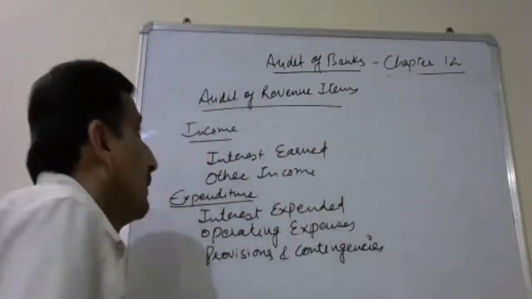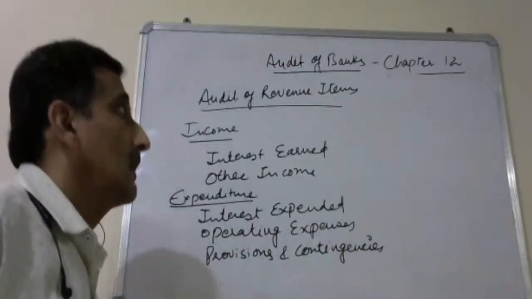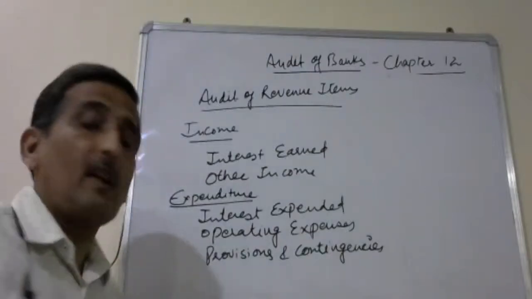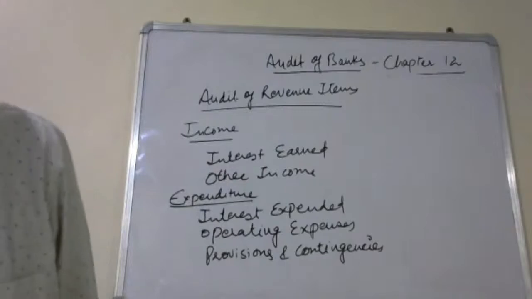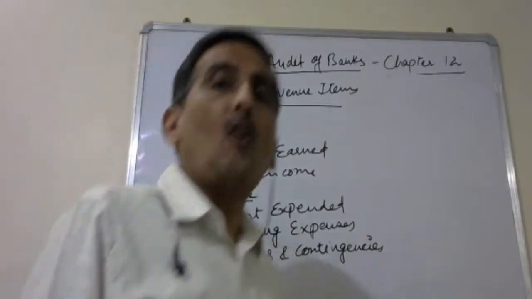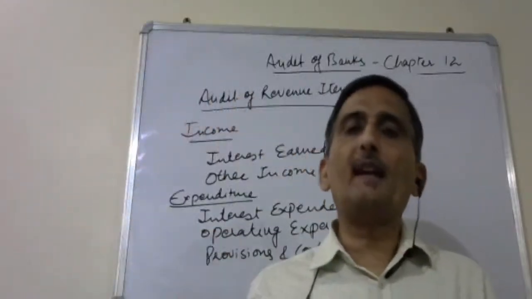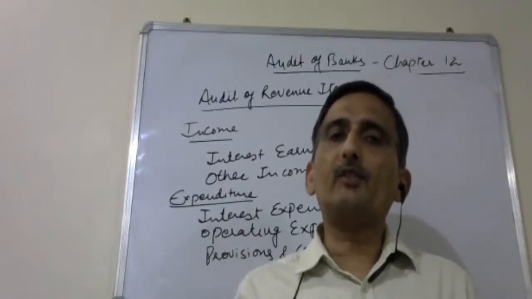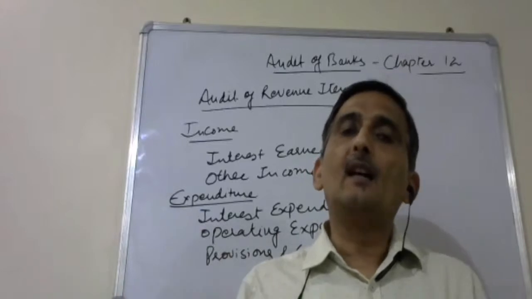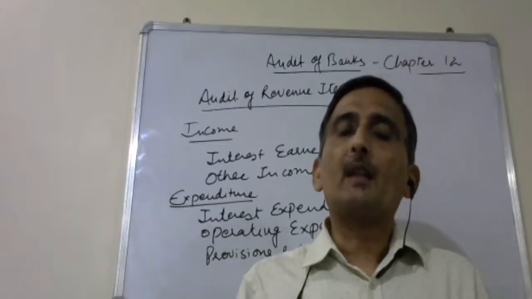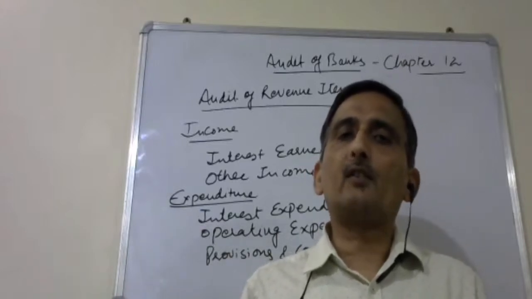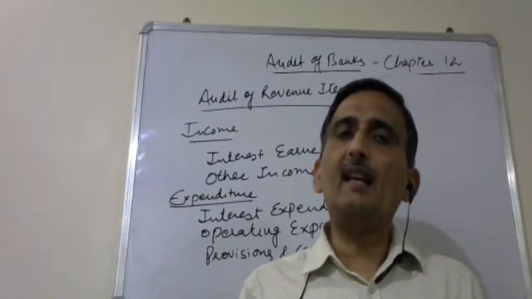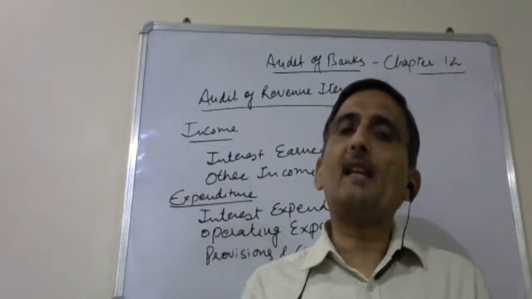Now we come to this subtopic of audit of revenue items. So how is audit of revenue items to be conducted in case of a bank? Revenue items means items appearing in profit and loss on the income side as well as on the expenditure side.